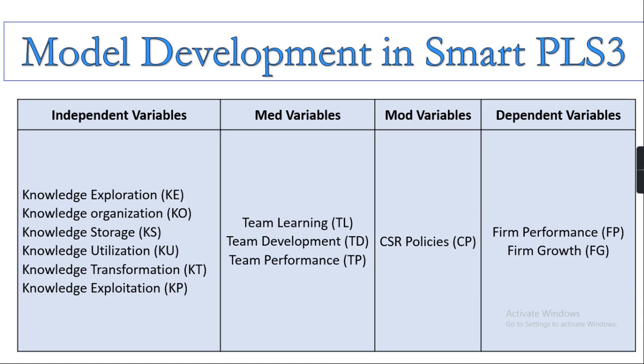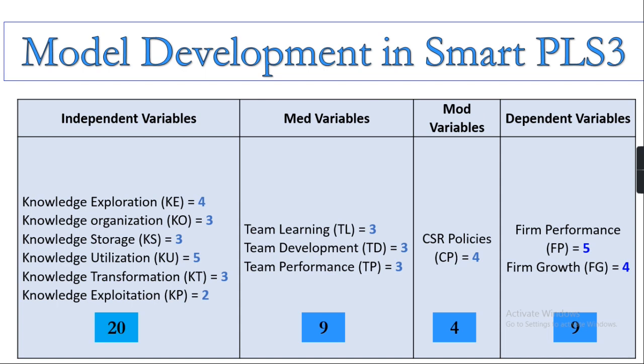So the next step is that once we have decided how many variables are in our research framework, so like this, 6 independent variables, 3 mediators, 1 moderator, and 2 dependent variables, we need to understand how many items these variables have. So have a look.